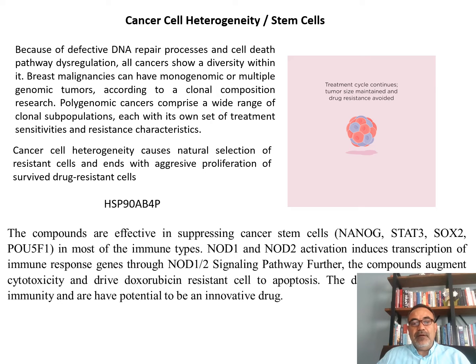Another important thing about our compounds is that they induce the immune system, and another nice pathway here is the Notch signaling pathway. As you know, this induces immunity, and our compounds induce this signaling pathway.